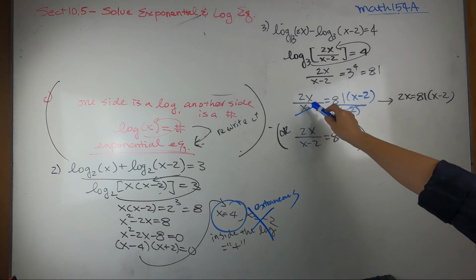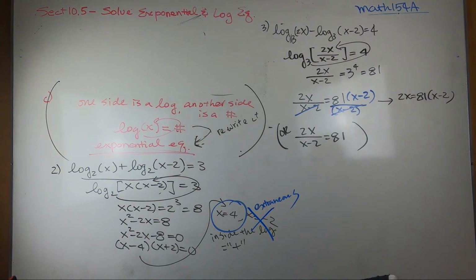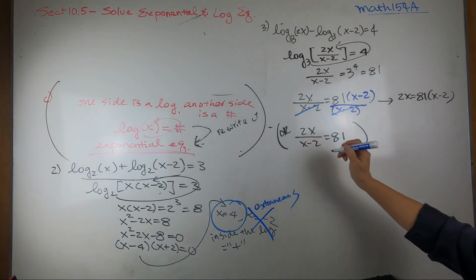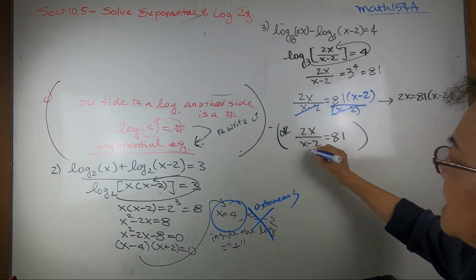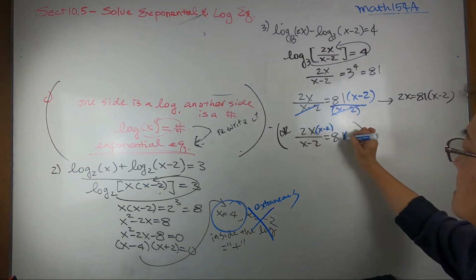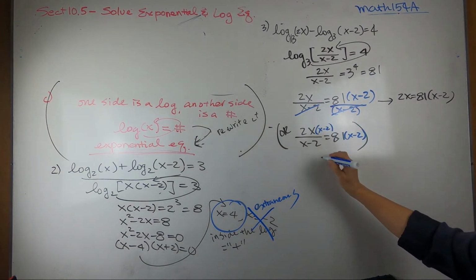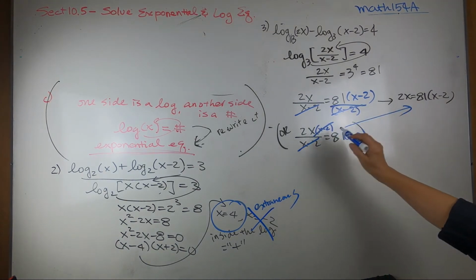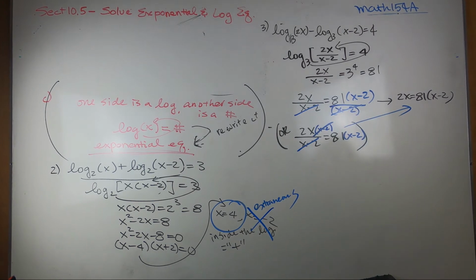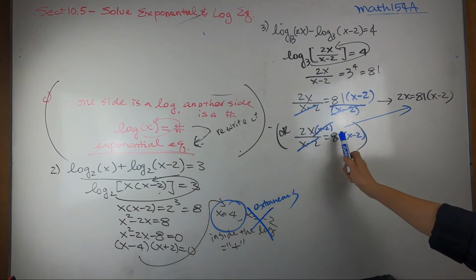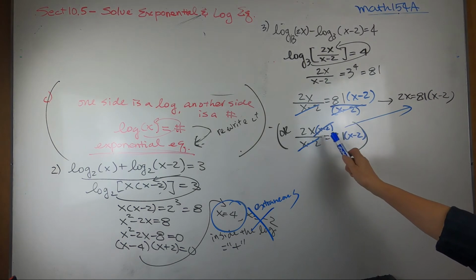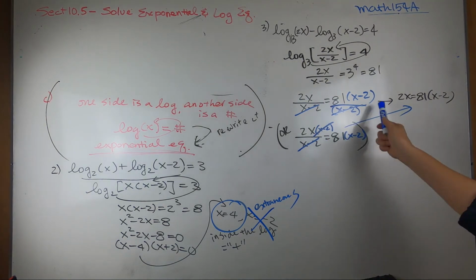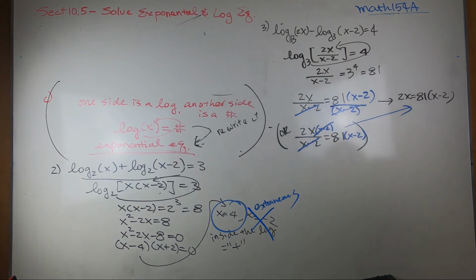Instead of finding the LCD, we will just multiply both sides by the denominator, x minus 2. Then this cancels out, and we have 2x equals 81 times x minus 2. Or you can find the LCD and cancel out, it ends up the same thing, right?